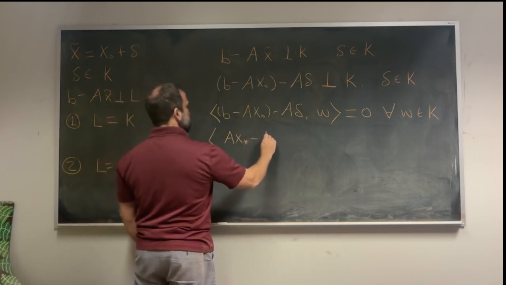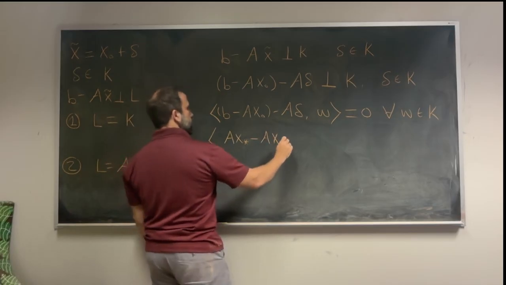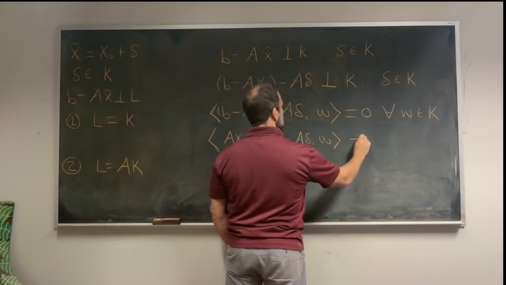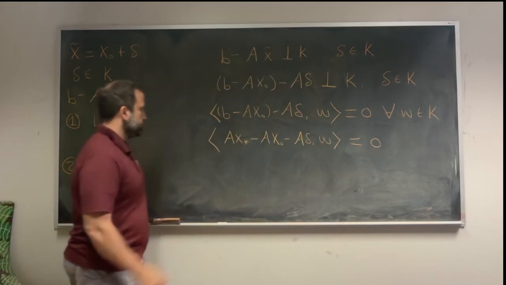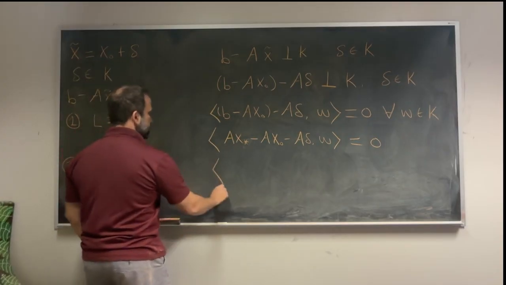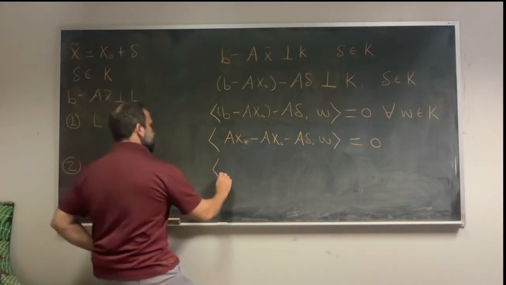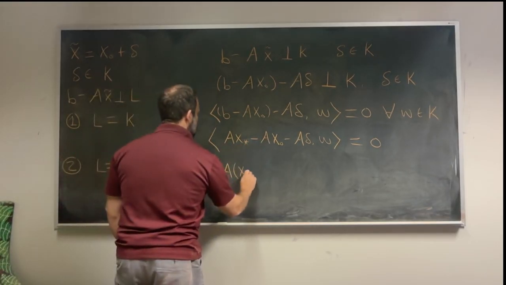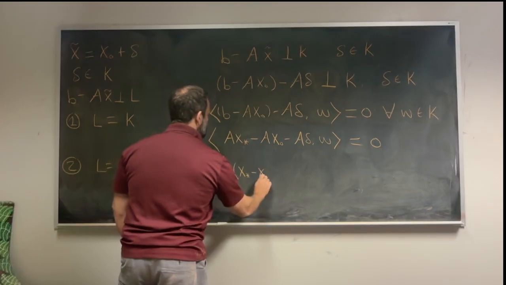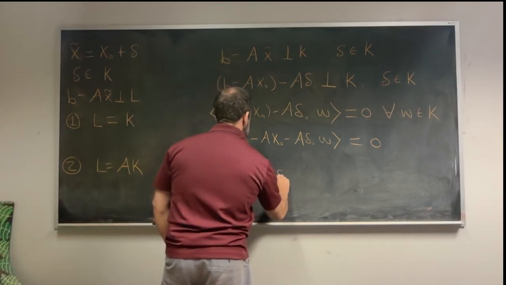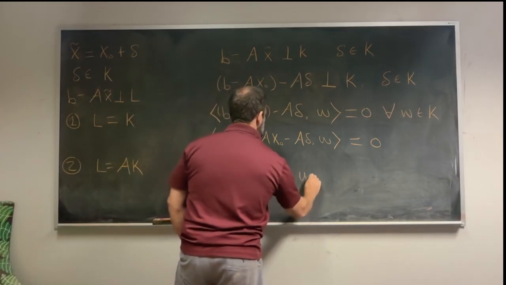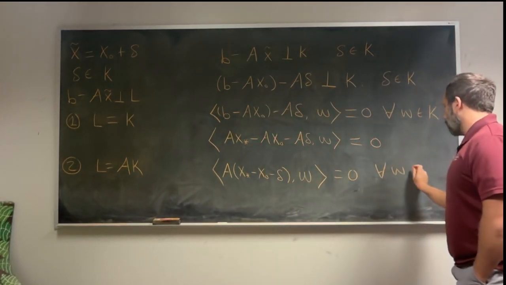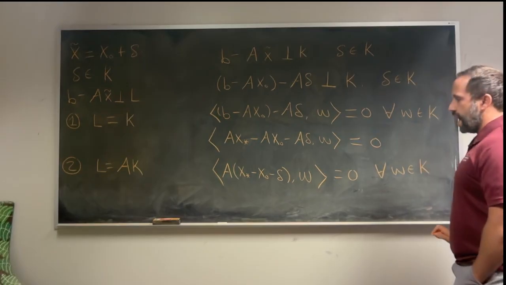Then I'm going to have minus A x0 minus A delta, inner product with w, is equal to 0. And then I can write this as, look, there's an A on each one of these terms, A times x star minus x naught minus delta, inner product with w, is equal to 0 for all w in K.